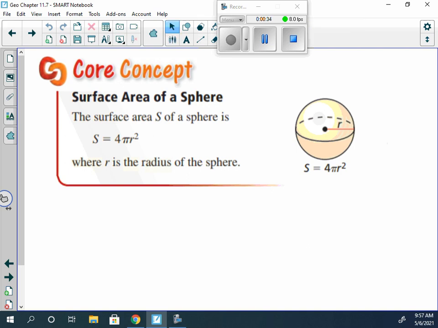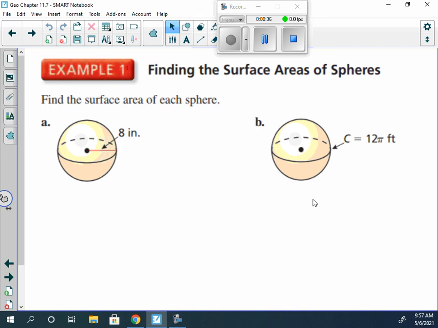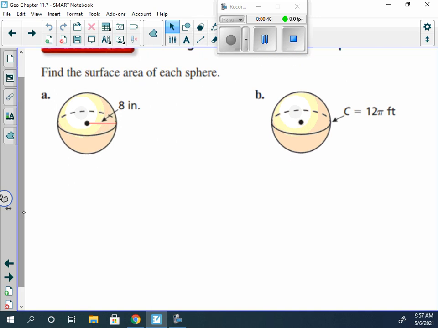So let's look at these first ones here. Now the first one that we have here, the radius is 8 inches, and we want to find its surface area. Now as we just saw, the surface area for any sphere is 4 pi r squared.